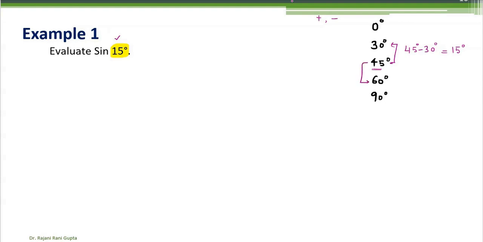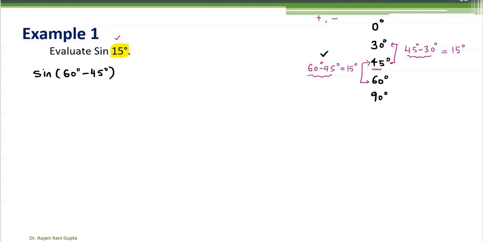If you look at 45 and 60, if you find 60 minus 45, what do you get? Again 15 degree. So you can use in place of 15 degree either 60 degree minus 45 degree or 45 degree minus 30 degree. We can write it as sine of, let's use this one, 60 degree minus 45 degree. Now it is in this form.